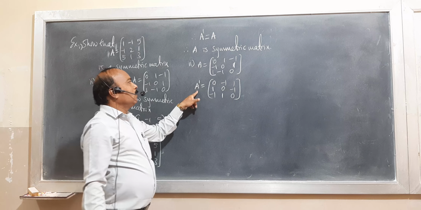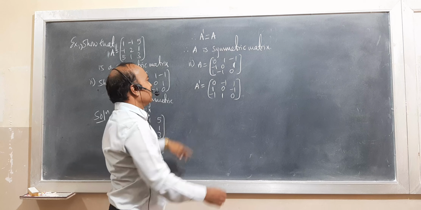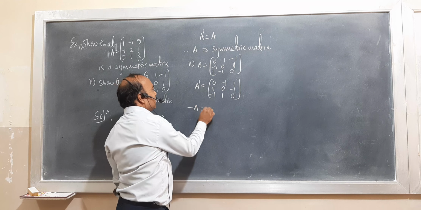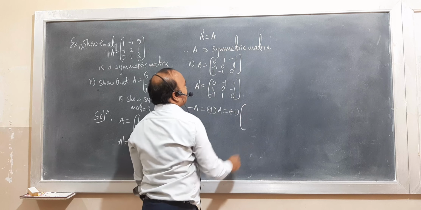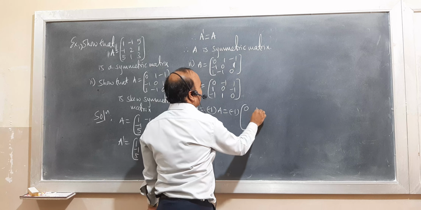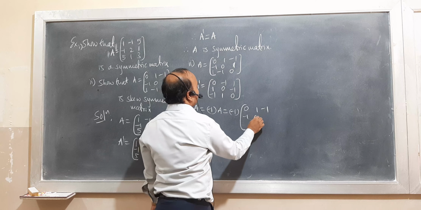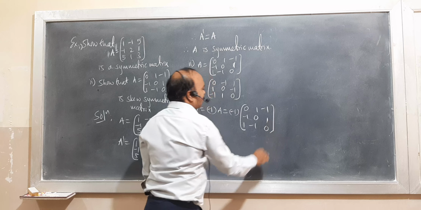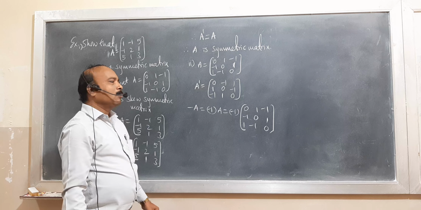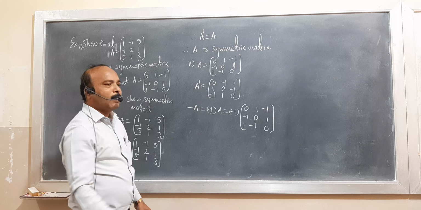Now we go for minus A. Minus A is nothing but minus 1 into A, that is minus 1 into A, which is 0 1 minus 1, minus 1 0 1, 1 minus 1 0. Now it is scalar multiplication. Multiply every element by minus 1.